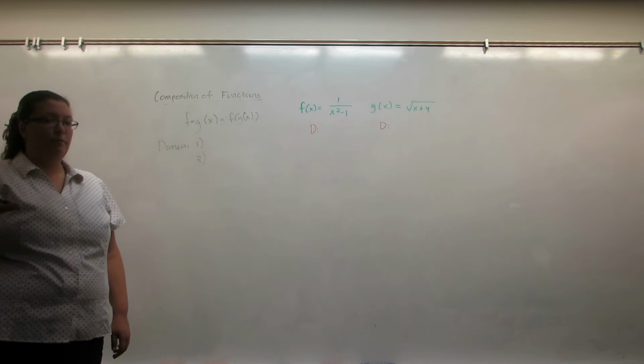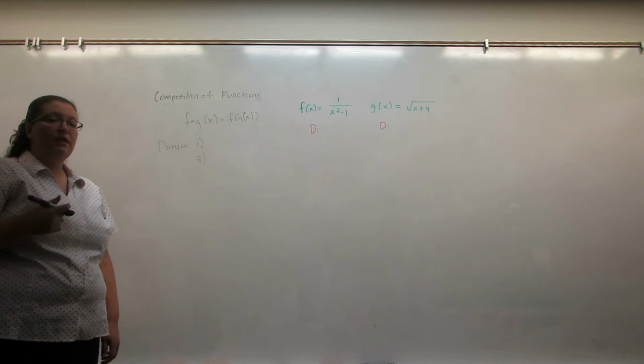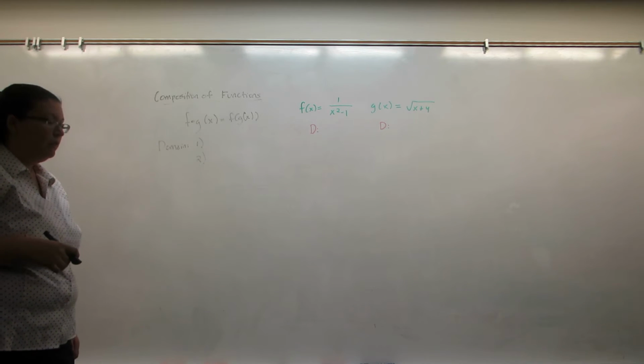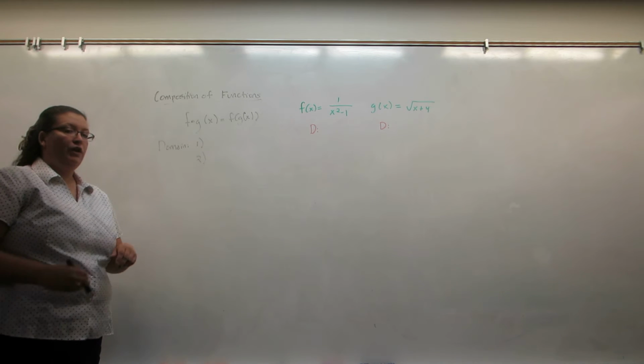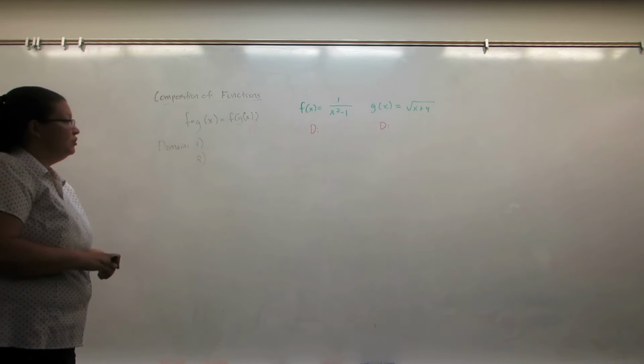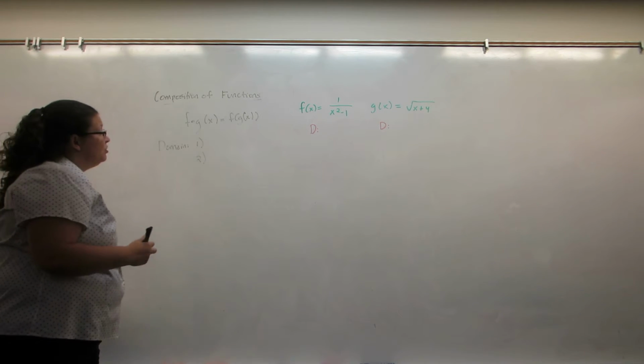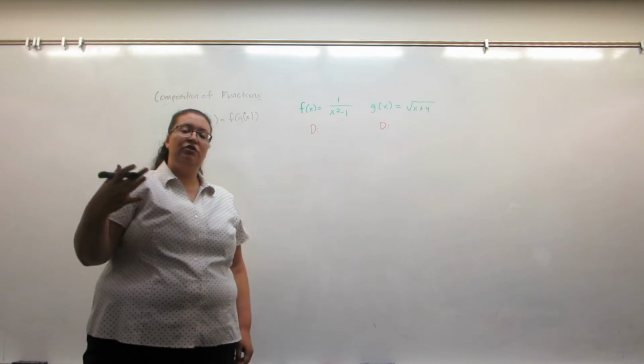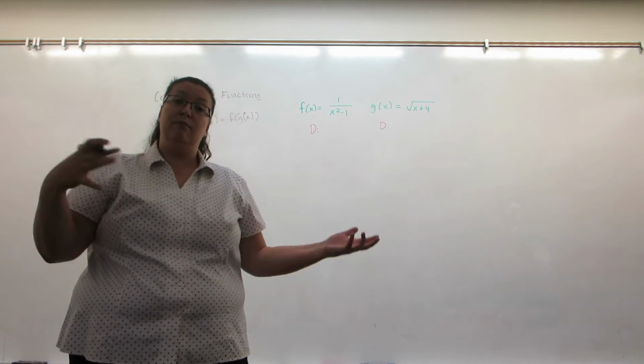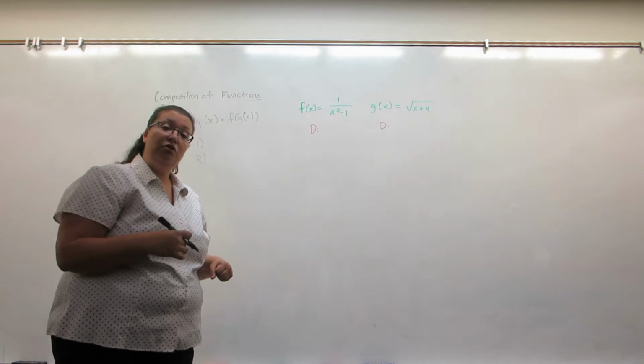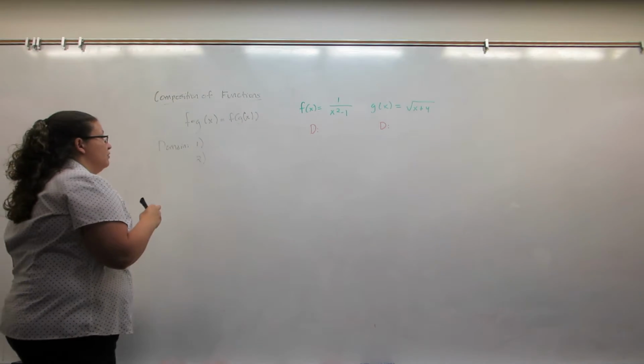Now that seems a little bit weird, so we're going to do an example that will help us understand it. But there's one other thing you have to be careful of with composition of functions, and that's domain. When you're doing the domain, just like when we did the domain of f plus g and you had to look at both f and g, you have to look at two different things, but they may not be what you expect.